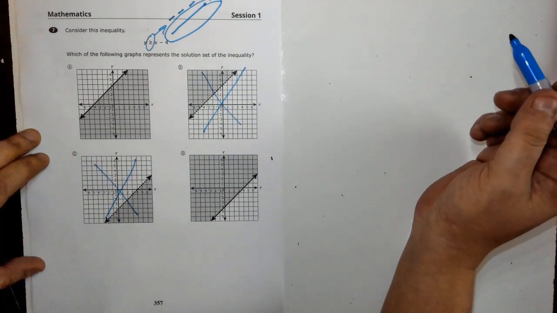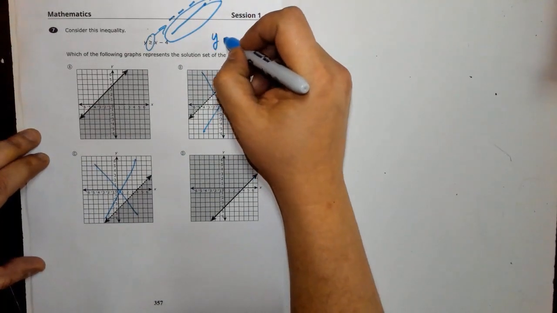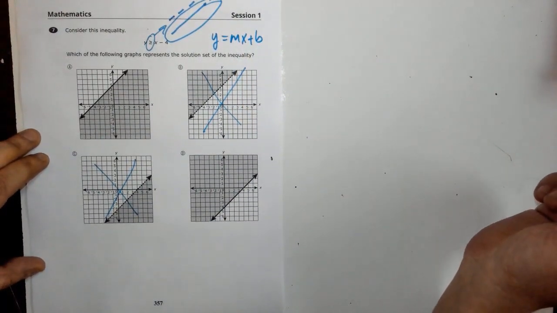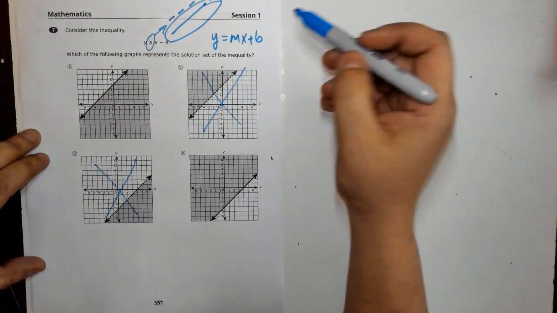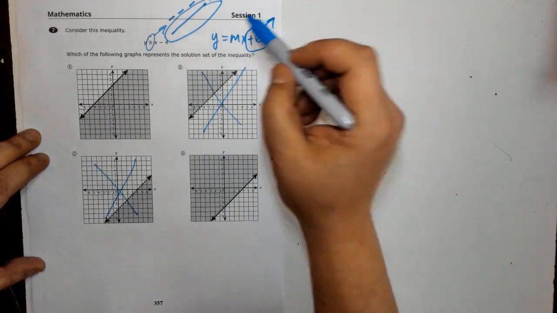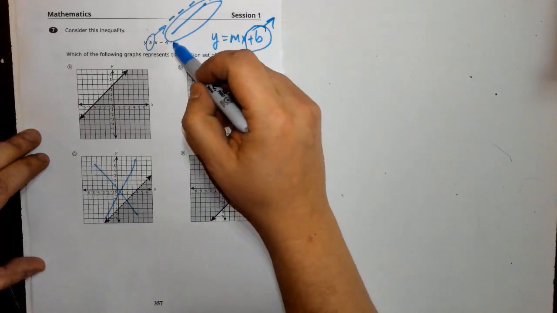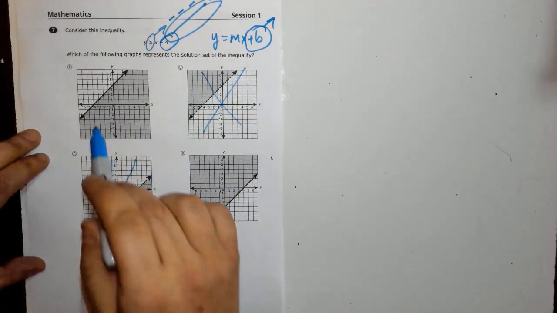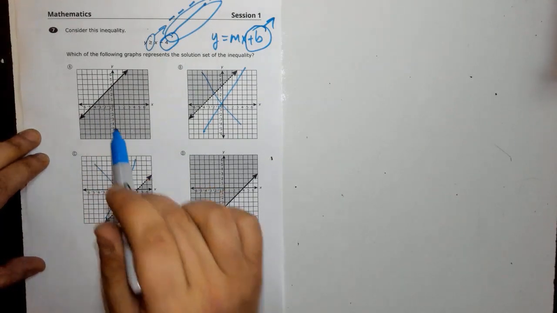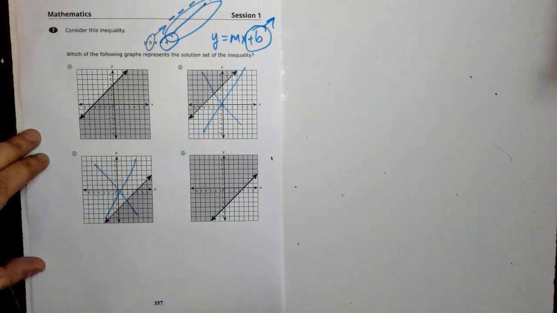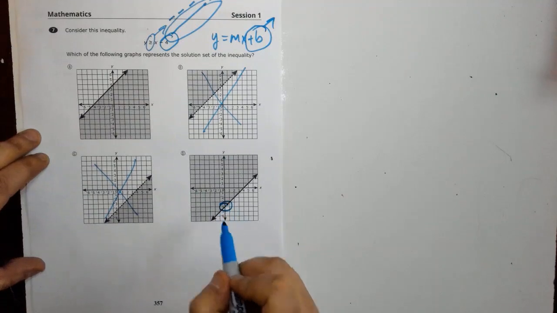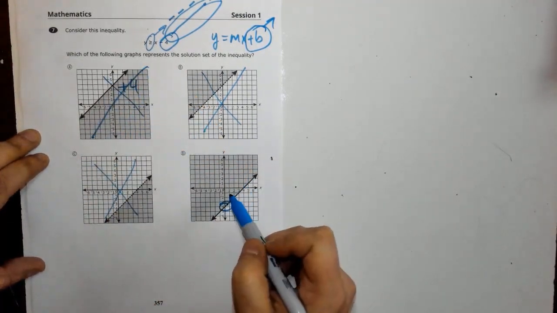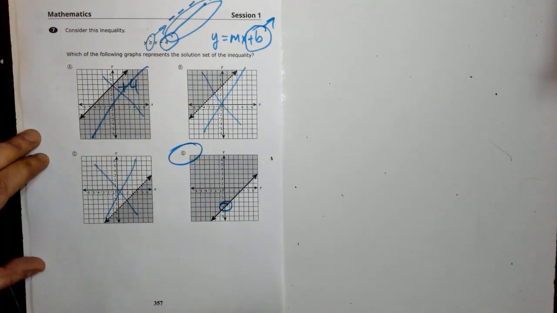The next thing I'm looking at is, because this is like the slope-intercept form of a linear equation, y equals mx plus b, the easiest number I can pull out is my y-intercept, which is negative 4. I'm looking at which of these graphs intercepts the y-axis at negative 4. This one is at positive 4, and this one is at negative 4.